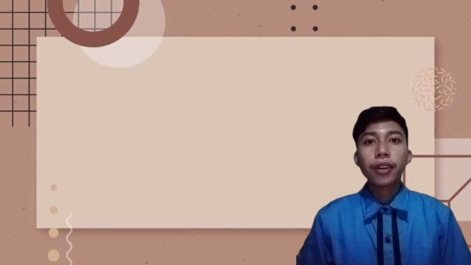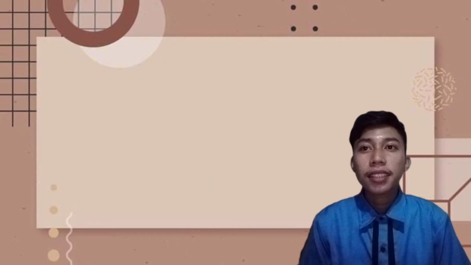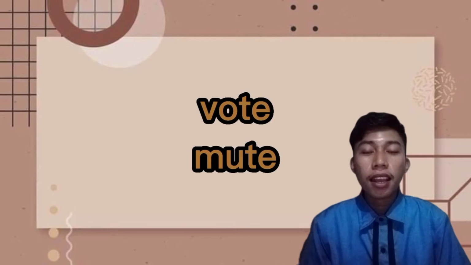For example, place, cake, mice. So if you notice, E is silent. Other examples, vote, mute.